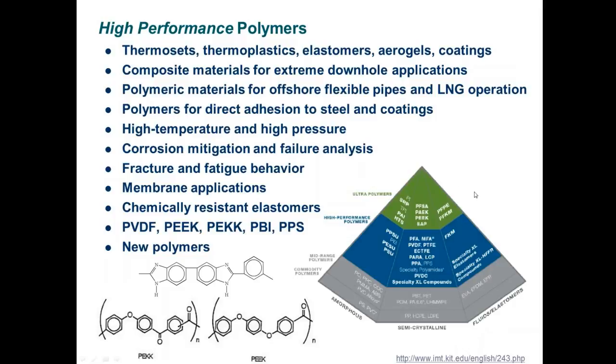On the other hand, the tip of this pyramid are what we call ultra polymers that are very hard to process, yet are the most high-performance, enduring polymers that are actually used by the industry, ranging from PEEK to PEAK, PBI, PPS, and these are also expensive polymers to use.